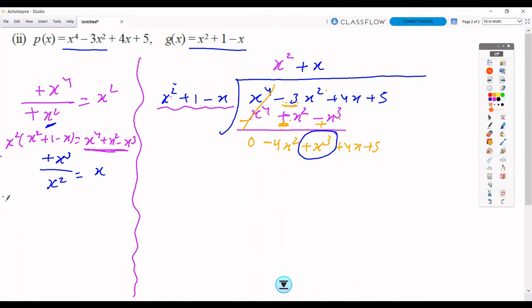Now, the next step: x will be multiplied by x² plus 1 minus x, and this is going to be x³ plus x minus x². We are going to keep this as it is, x³ plus x minus x². And then we are supposed to change the sign. Now, x³ is not this, x³ is this.